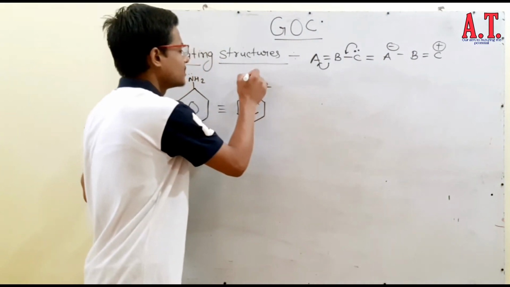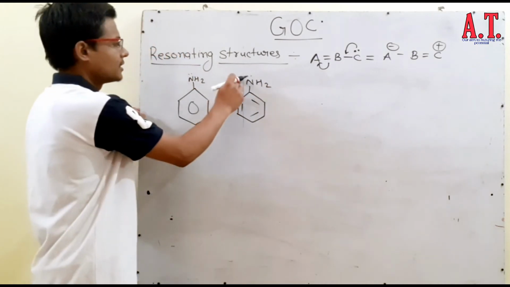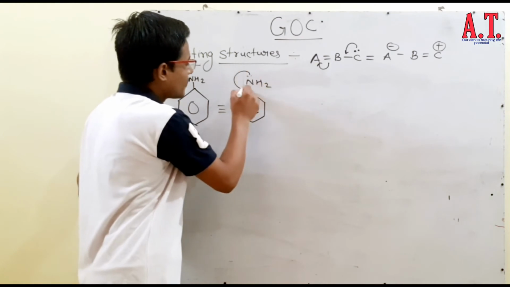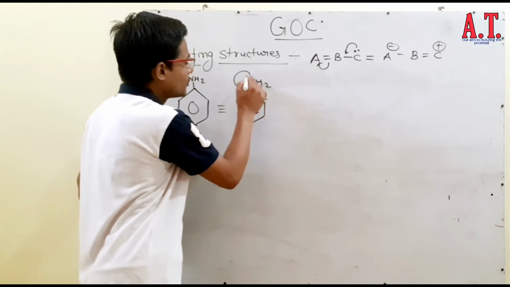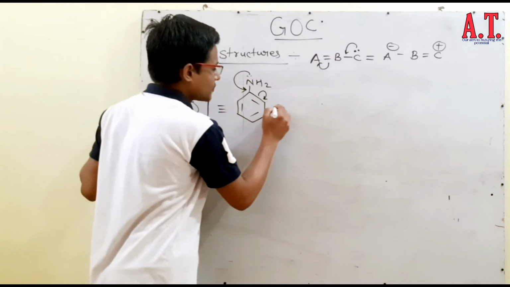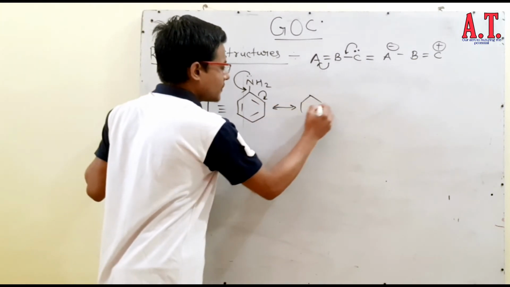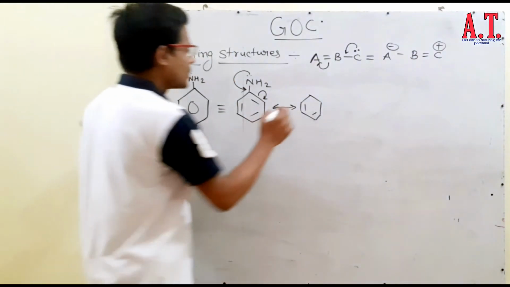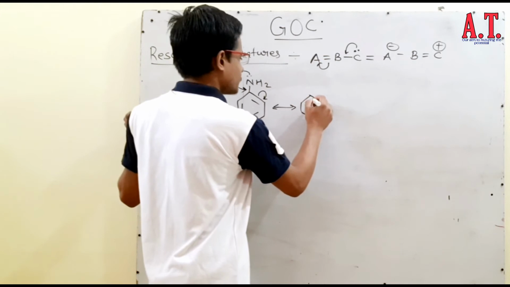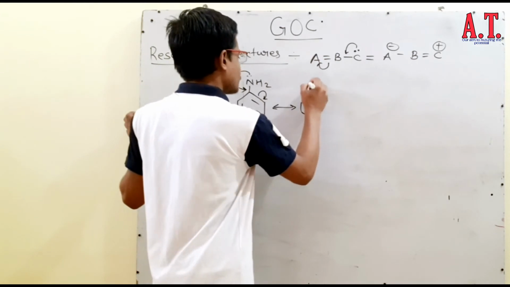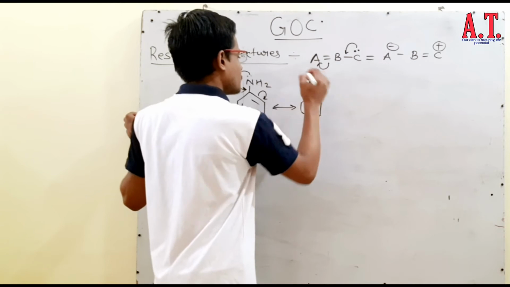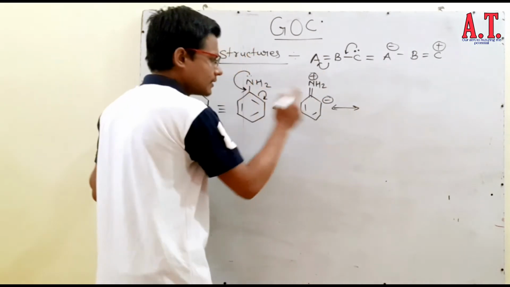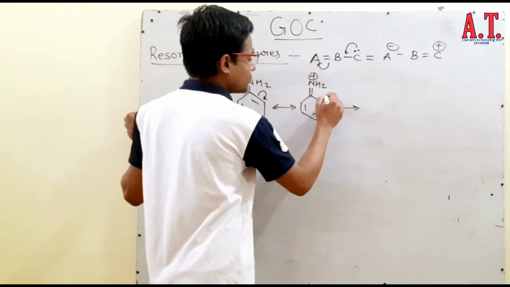Let us suppose this is your lone pair. Not suppose, it is really your lone pair. When the lone pair approaches this pi bond, this is lone pair, single, double. So the resonating structures will come out: this NH2 and this lone pair, again this negative charge.